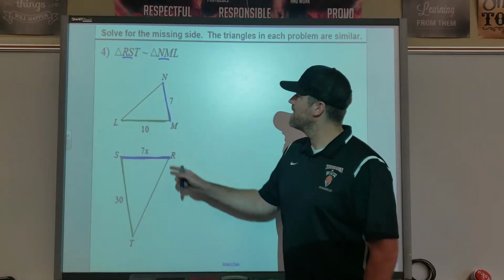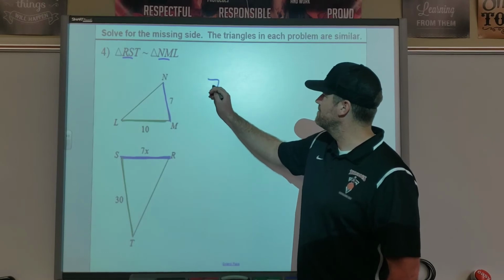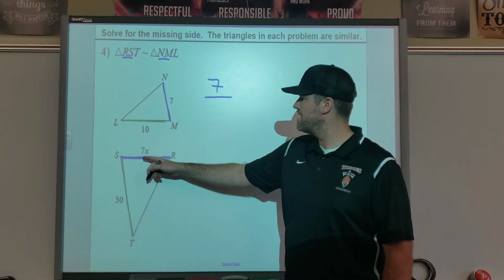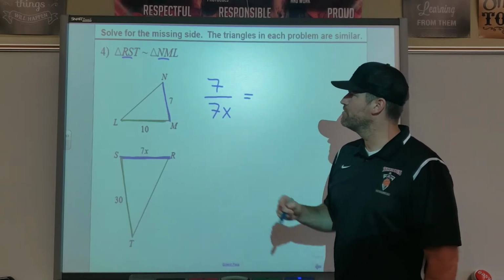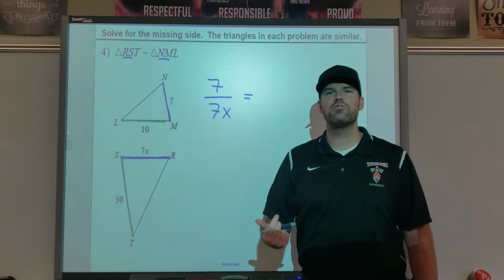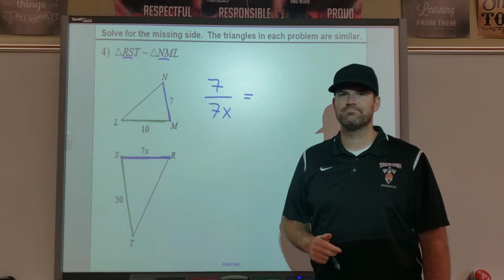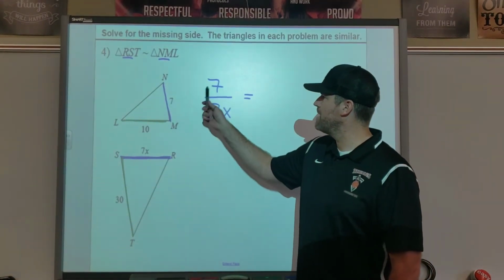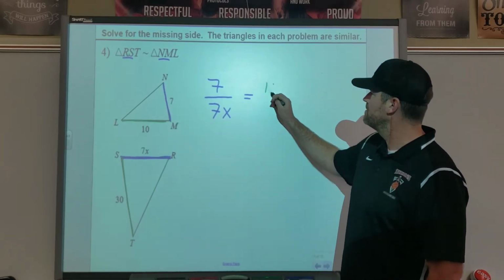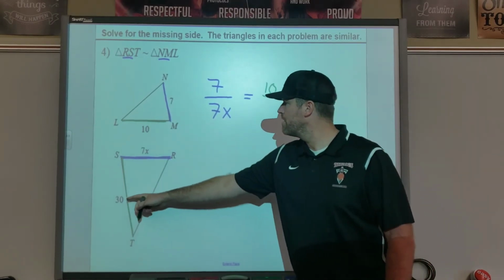All right, so I've got NM, which was 7, over SR, which is 7x. And so if that's what I do for my first fraction, how do I need to set up my second fraction? That's right, since we did 7 on top, I need to do 10 on top. And that'll be 10 over 30.